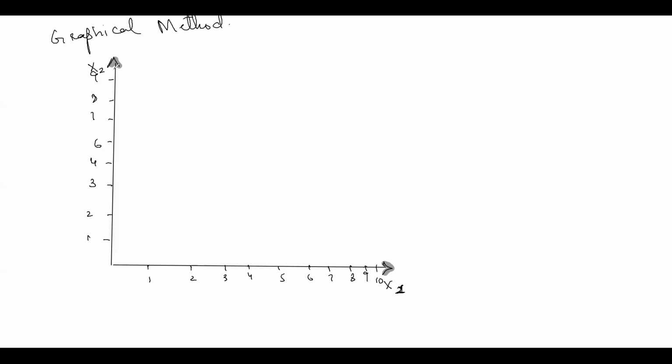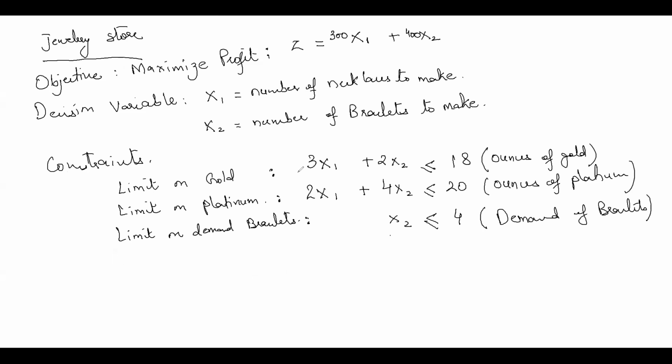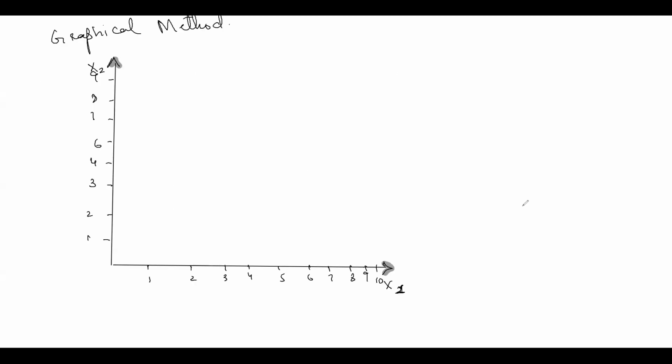All right, so to find the solution for our graph, let's see our equations again. These are our three equations, and we should graph them. The first equation is 3x1 plus 2x2.